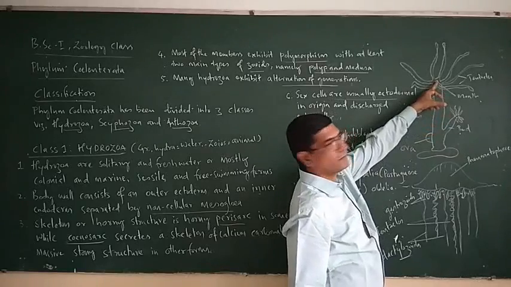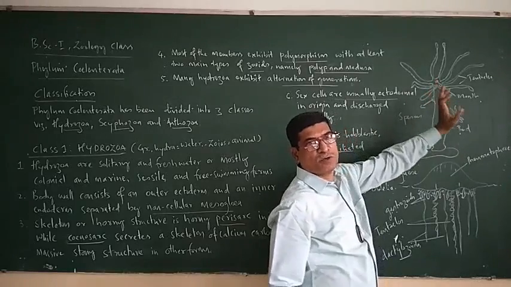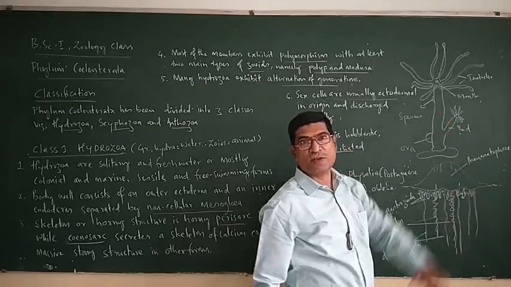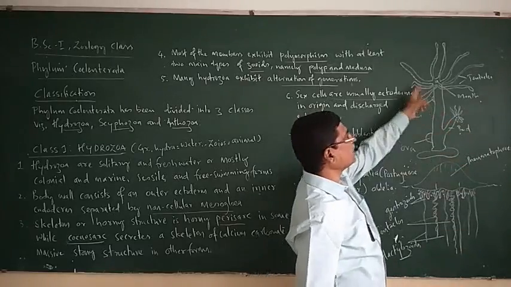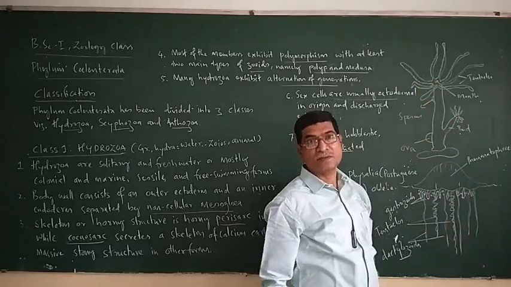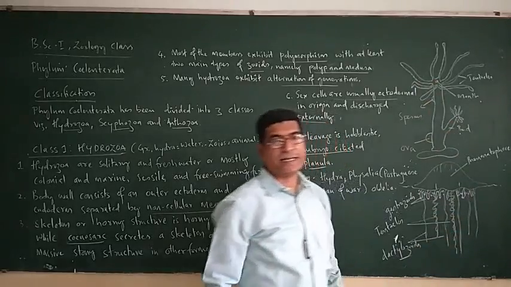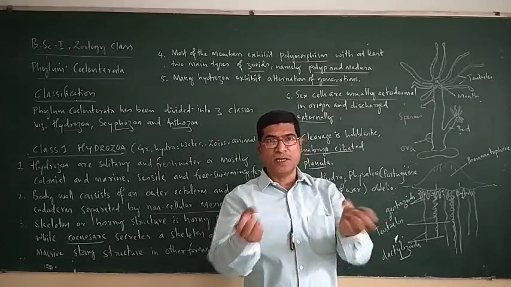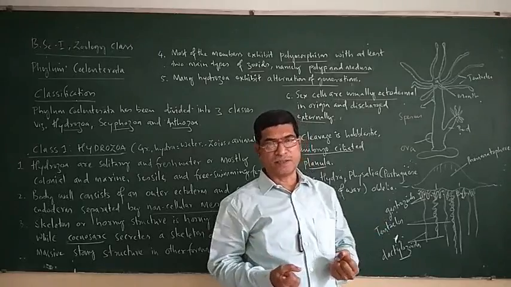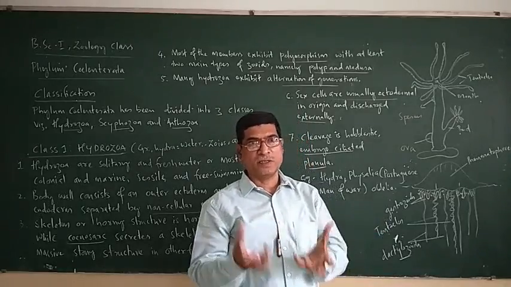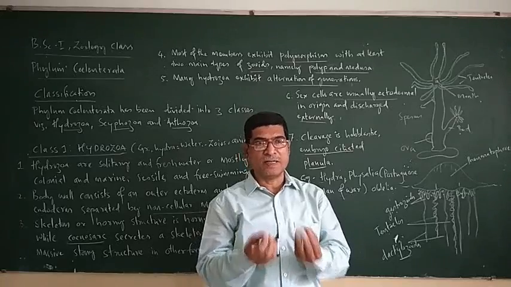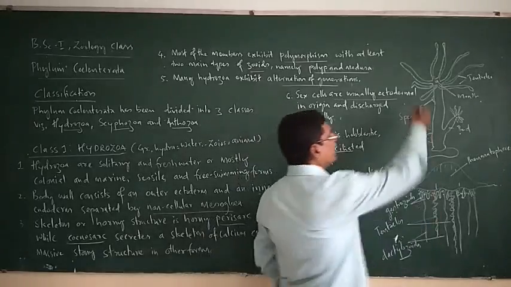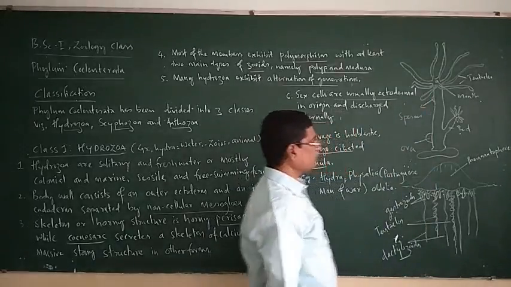Mouth is present here. Digestive system has only one opening, the mouth, which opens into the gastrovascular cavity. Mouth is surrounded by very long thread-like tentacles with nematocysts. These tentacles are used for capturing food organisms like crustaceans, small insects, insect larvae, which are taken into the mouth.